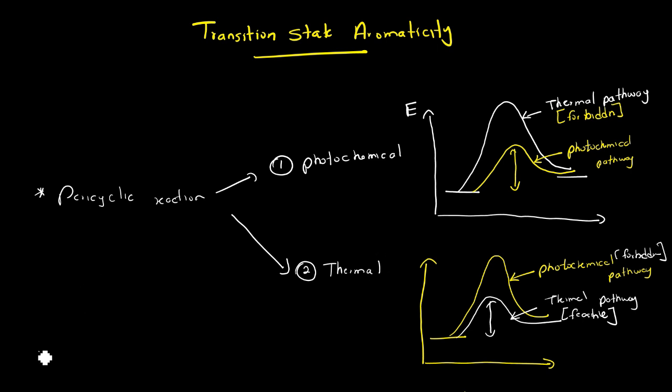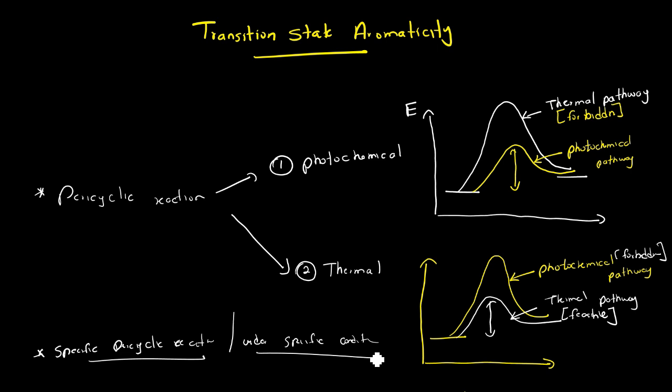There should be a specific reaction, specific pericyclic reactions under specific conditions. Under these conditions, your reaction must go by either the photochemical pathway or the thermal pathway. It cannot go on both.